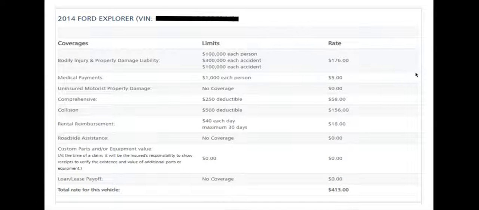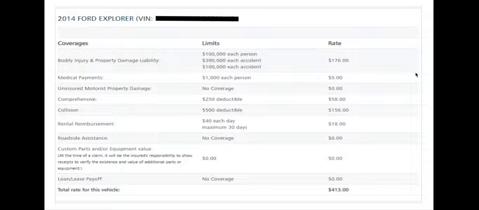Then I wanted to show you a quick example of ours. You see on the top, the first thing I need is liability insurance, and that is going to cost the most in an insurance premium. Comprehensive has a pretty low deductible, $250, and collision with the $500 deductible is also very expensive.